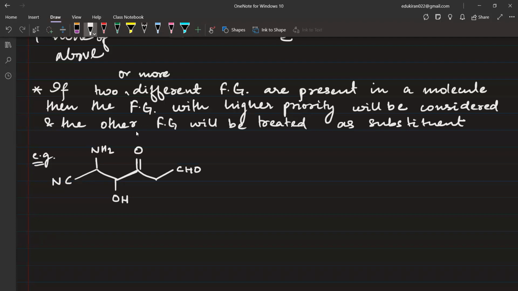We have aldehyde, we have ketone, we have alcohol, and we have NH2, right? And we also have nitrile here, CN, if you can see, right? We have CN. So which is having the highest priority? Tell me, guys.